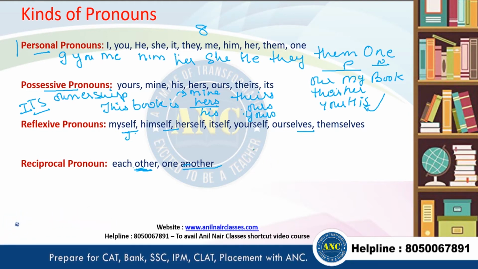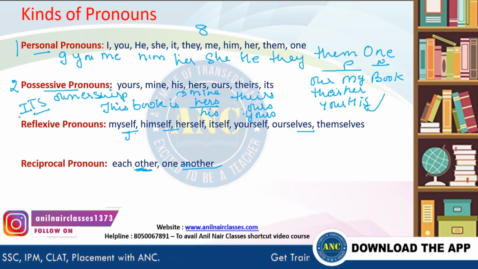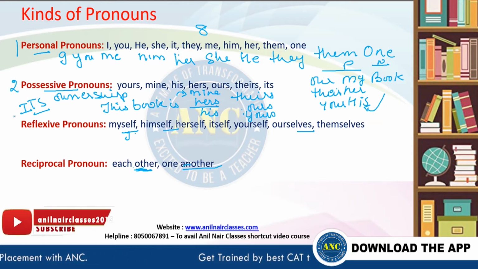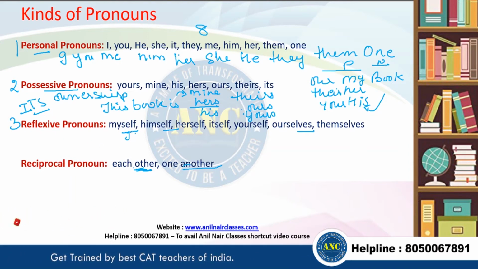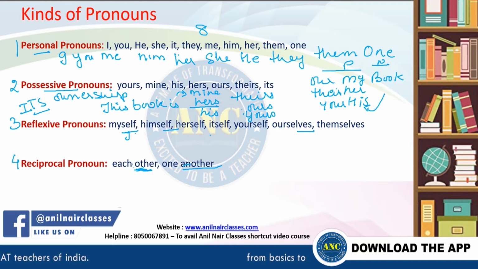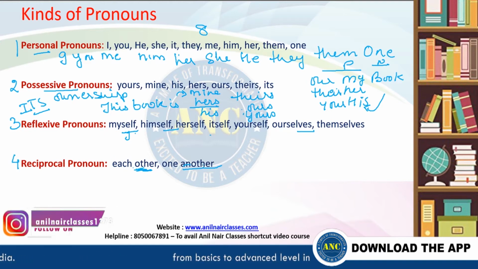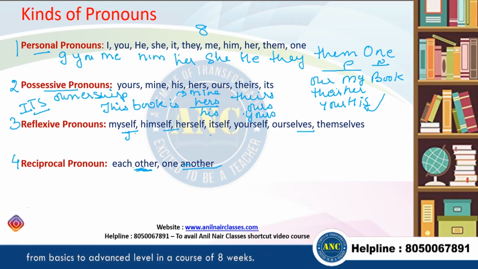So the point of this slide is, we have personal pronouns referring personally to someone, possessive pronouns showing ownership, reflexive pronouns, that is the words ending with self and selves, and reciprocal pronouns, words like each other and one another, used when you refer to two people or more than two people.